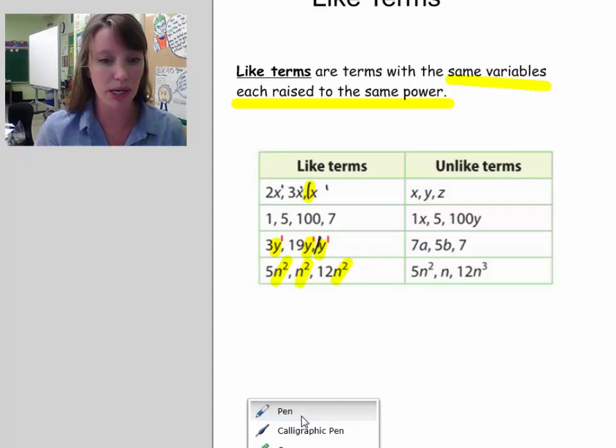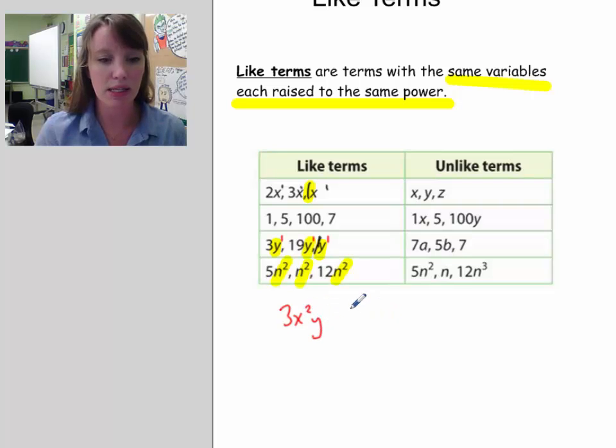Let's do a more complicated one. If you have 3x squared y and let's say 4x y squared, these are not considered like terms because the one with the coefficient of 3 has an x squared, whereas this one only has an x to the first power.